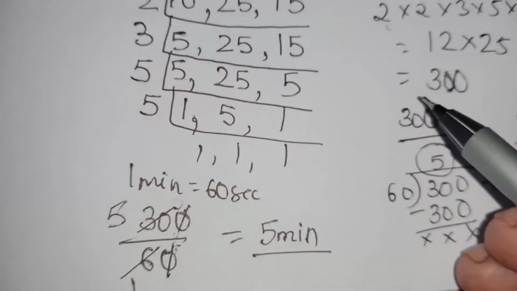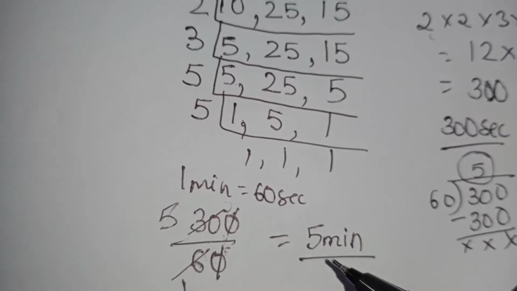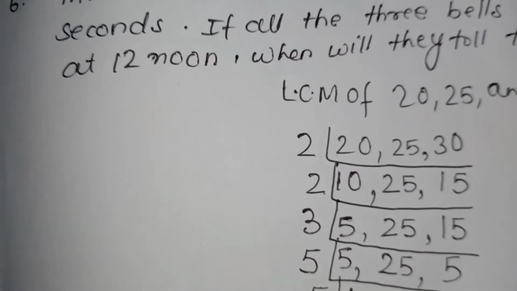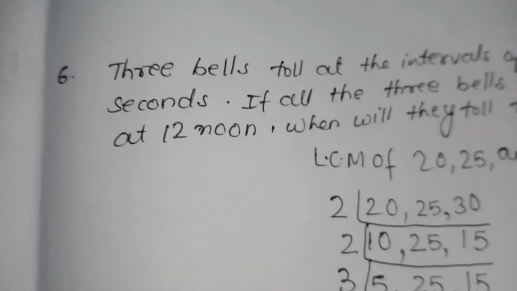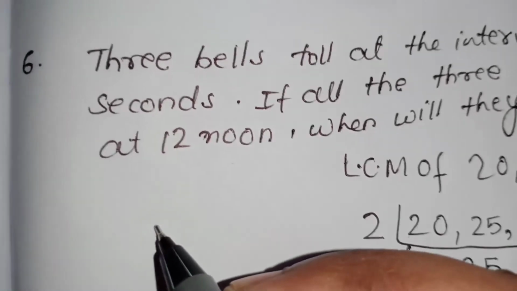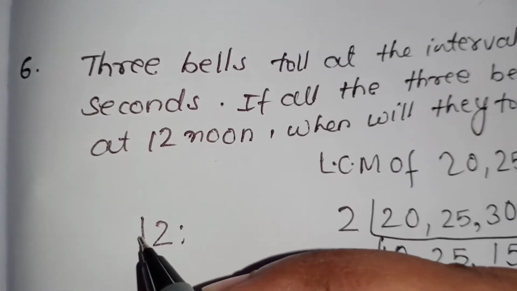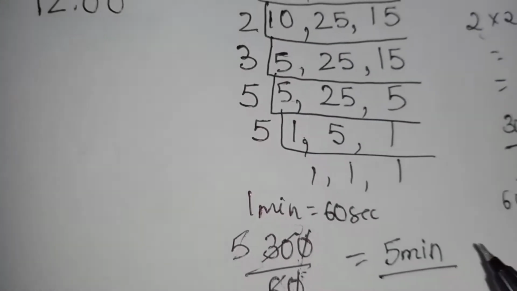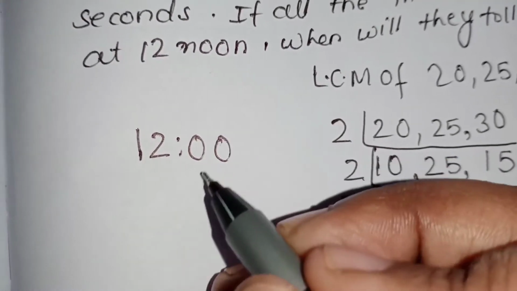So whatever the LCM was, we have converted it into minutes. Now they tolled at 12 noon together. So after 5 minutes, what will be the time? It was 12 noon. That means it is in the afternoon, so it will be PM. So what we have to do is add this 5 minutes there. So this one is for minutes.